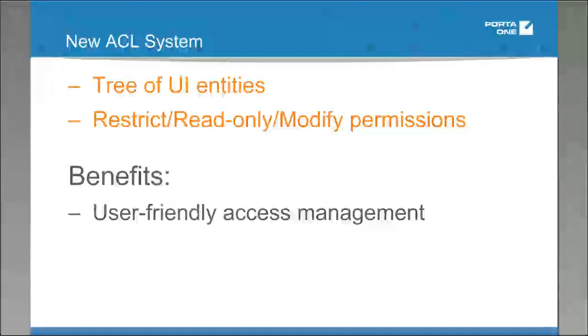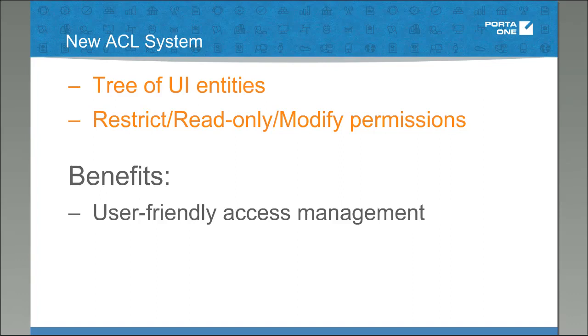And together with the new web interface, we've redesigned the access level or access management. There is no need to type names of the objects anymore. Now we provide you with a tree-like structure of the user interface entities, and it's basically point and click. You just select whatever entity you need, and then we also simplified permissions. Now permissions are reduced basically to three options.